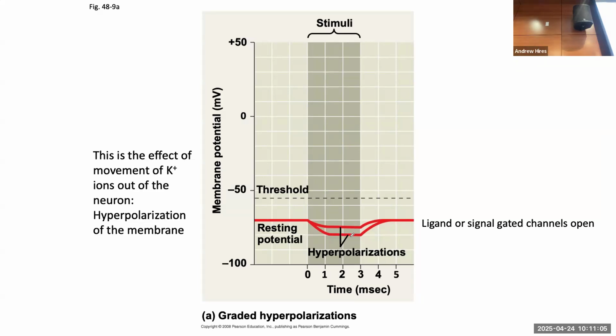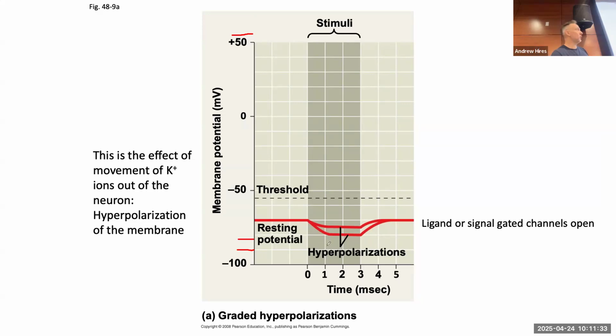What change in permeability would there have to be? Yeah, it could be a ligand letting chloride in or a potassium channel opening up. Something that's pulling the membrane potential towards the equilibrium potential for chloride or potassium. Remember, EK is down here. ECl is like here. Equilibrium potential for sodium is like up here.